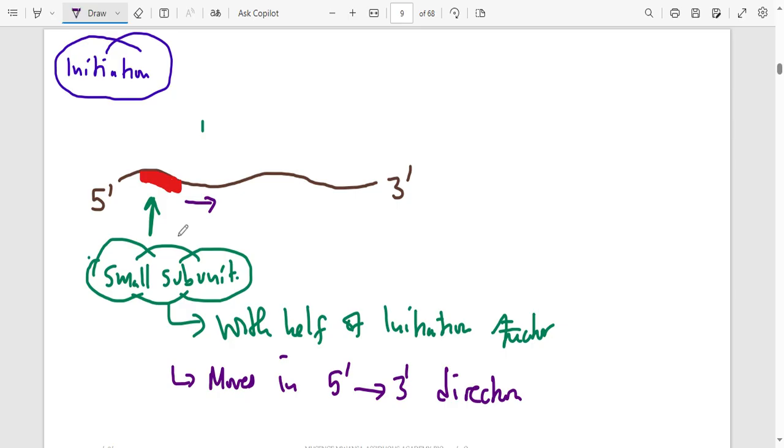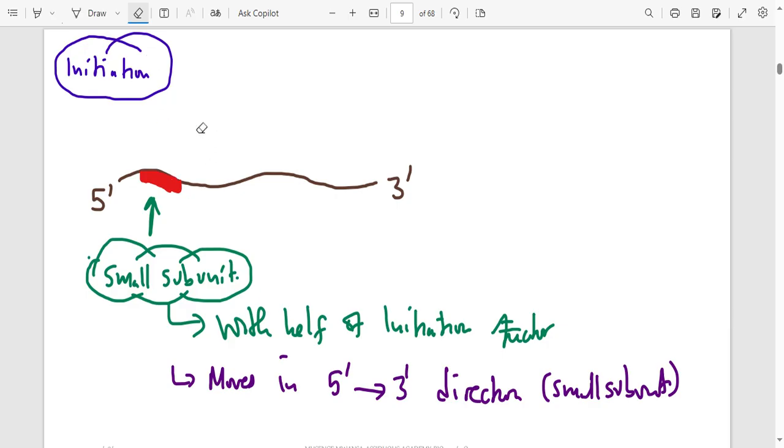Please take note what is moving. It is the small subunit. So the small subunit is moving from 5 prime to 3 prime direction. Is this clear? Okay, so this is going to continue moving.